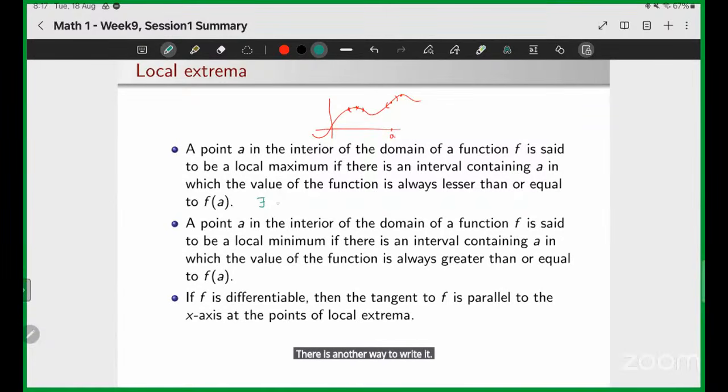There exists epsilon greater than 0 such that f(a) is greater than or equal to f(x) for all x in (a minus epsilon, a plus epsilon).